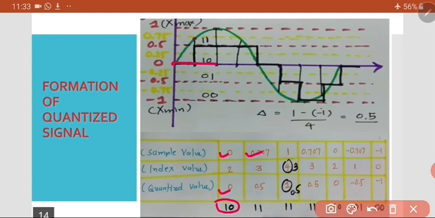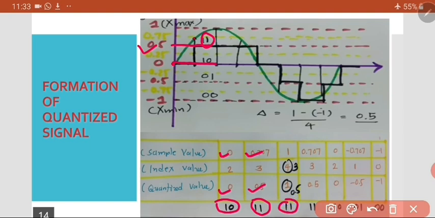Further we will move towards the quantized value of 0.5. On the line of quantized level 0.5 it is 1 1. Further we can see once again for 0.5 that is 1 1.